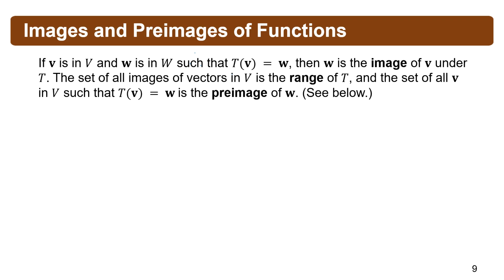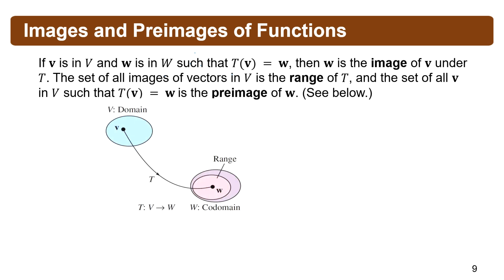So if v is in V, and w is in the vector space W, such that the transformation of v is equal to w, then w is the image of v under T. The set of all images of vectors in V is the range of T, and the set of all v in V such that T of v is equal to w is what we call the pre-image of w.